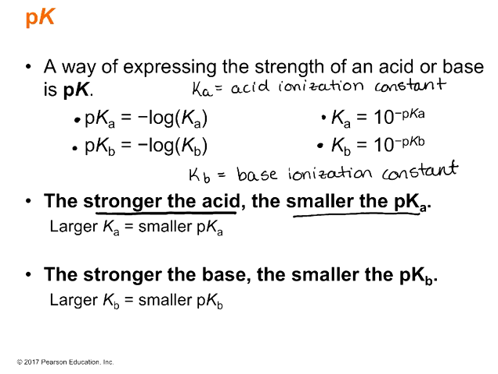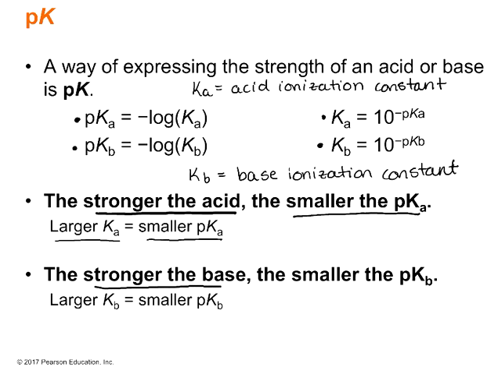So if you have a really large Ka value, which means you have a strong acid, once you plug that into the expression above to calculate pKa, you're going to get a really small value because you are taking the negative log of that large value. So if you have a large Ka value, which means you have a strong acid, that means the pKa value will be really small. And it's the same for bases.